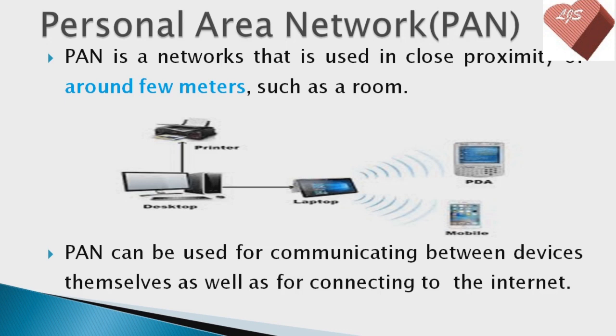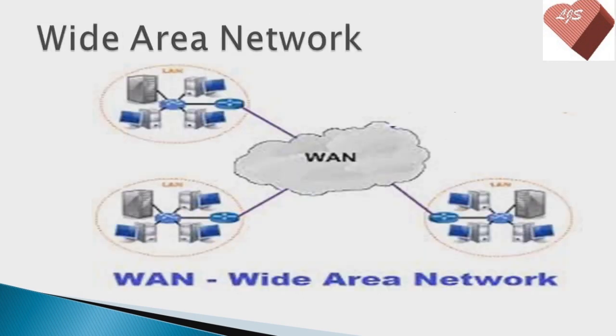Suppose you are using your printer, desktop, laptop or mobile phone and sharing the devices or the network inside that room, that is known as a personal area network, or PAN. As you can see in this figure, it shows how the devices share the network among them. PAN is the smallest type of network, smaller than a LAN.